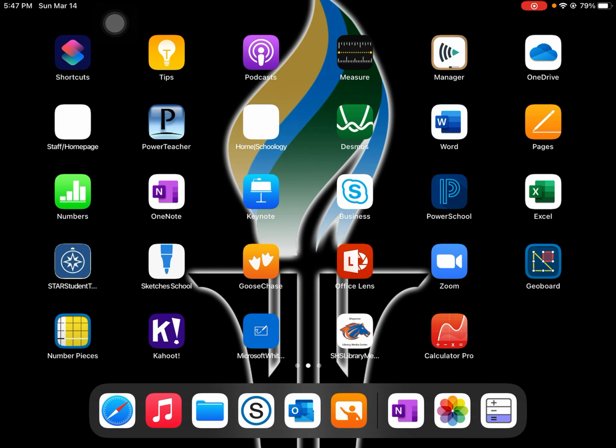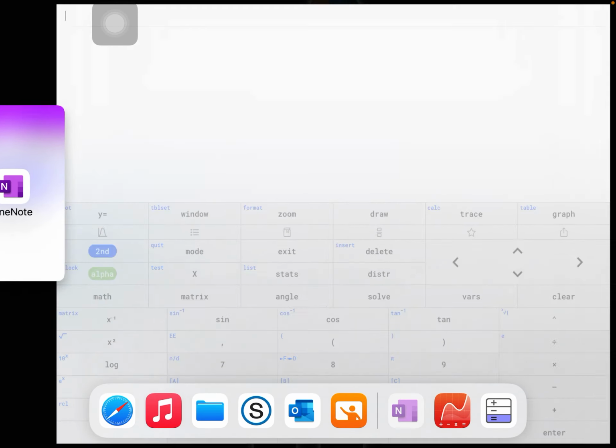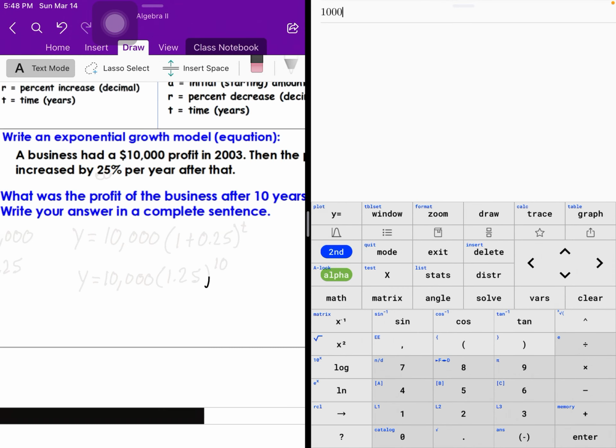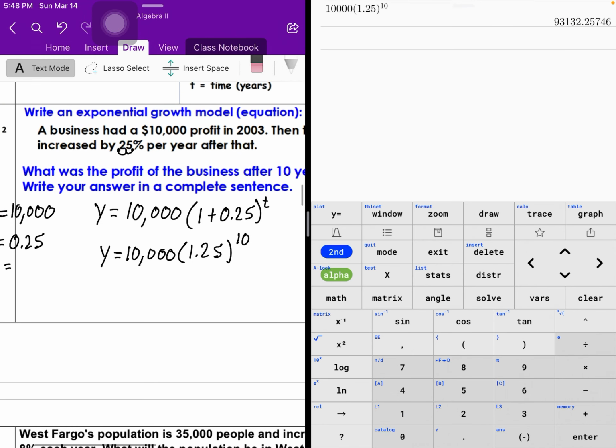Actually, let me use the other calculator. So we would have 10,000, and then you can do parentheses 1.25 caret. Before I do that, I should close my parentheses to the 10th. And then we can hit enter, and there we go.